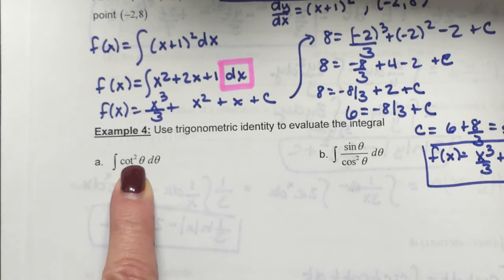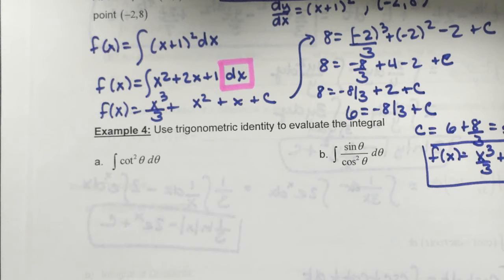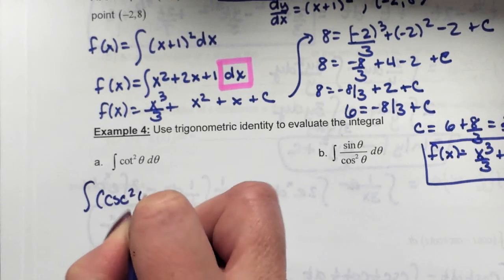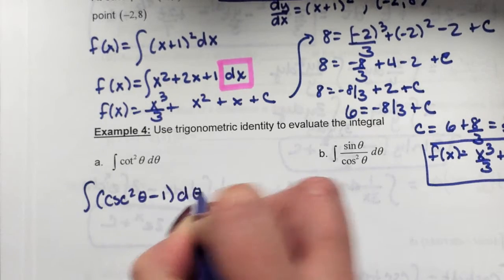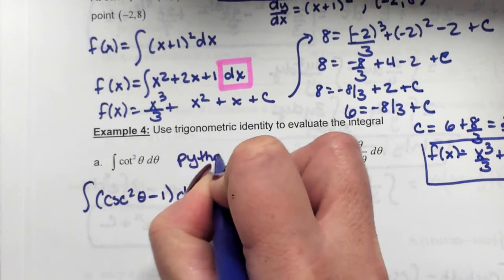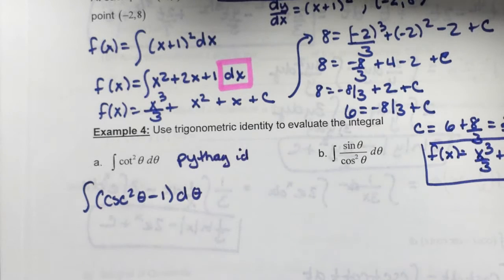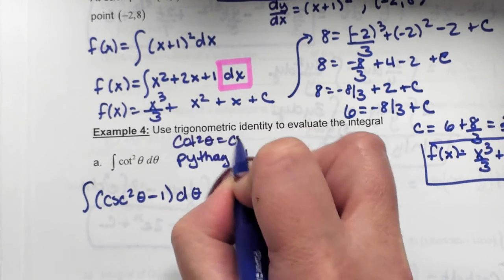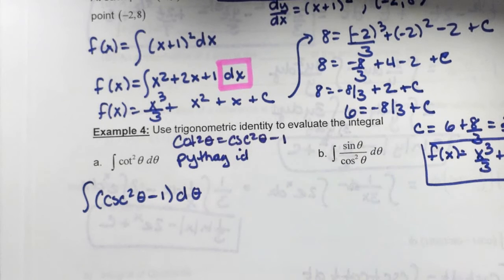Anytime you see a trig function squared, you always think of Pythagorean identities. So by your Pythagorean identity, cotangent squared theta is equal to cosecant squared theta minus 1.